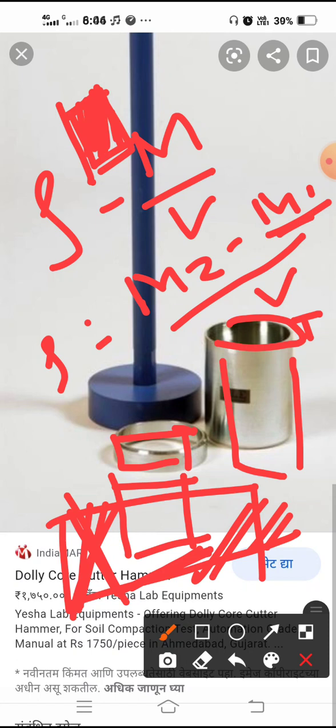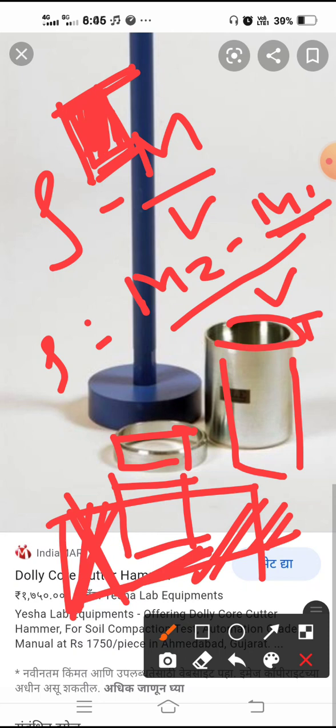Then by using a trimmer, level the surface at top and bottom of the core cutter, and take the weight of the core cutter plus soil sample. Here we are getting the value of m2.